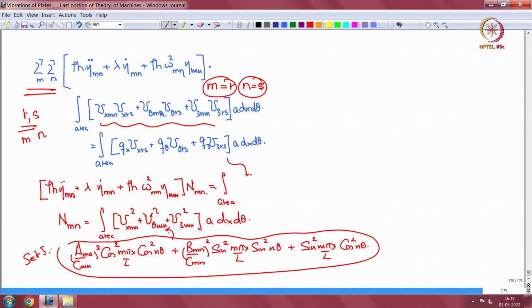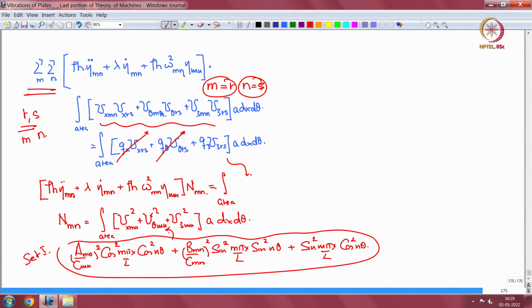Okay. Now we are going to look at only transverse force. So qx and q theta we will temporarily set to 0. Okay.